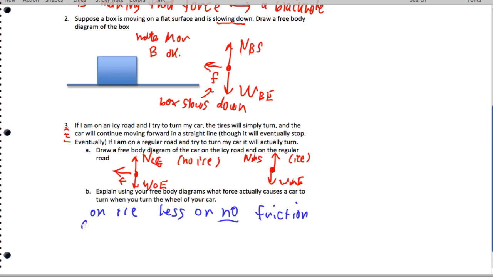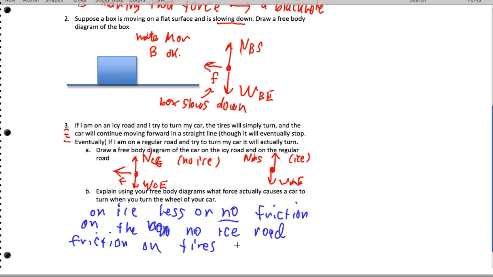And on the no ice road, it's actually friction on the tires that makes the car turn. What's awesome is some people just said friction as a one-word answer, and that was just great.